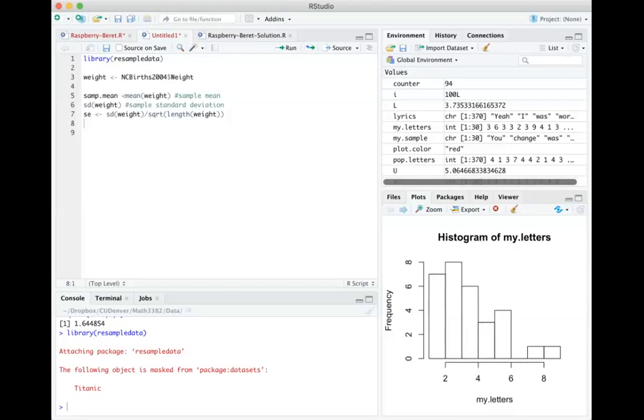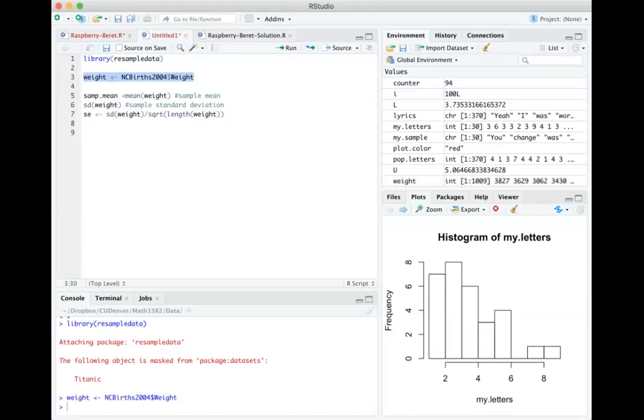Okay, so here we are with R, and the first thing we want to do is load up the resample data library. We're going to be working with the data set North Carolina births, in particular the variable weight. So I'm just going to pull that off and create a data vector called weight. I've already loaded up the resample data, and now I've created a vector called weight.